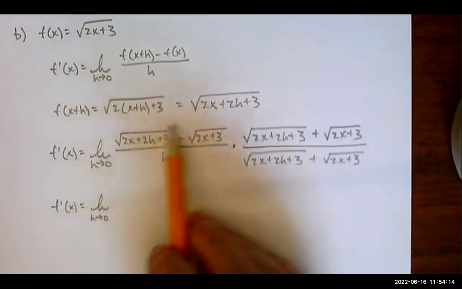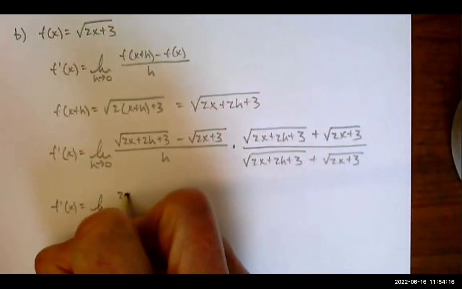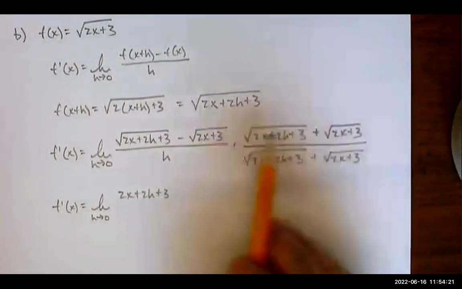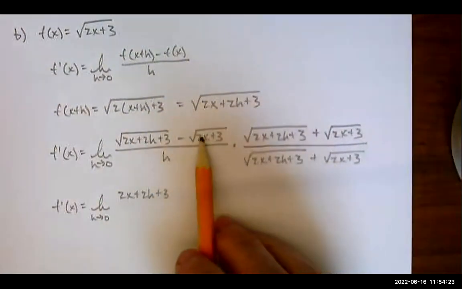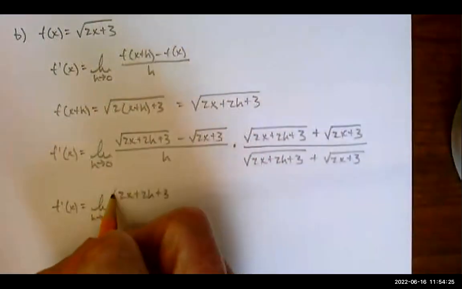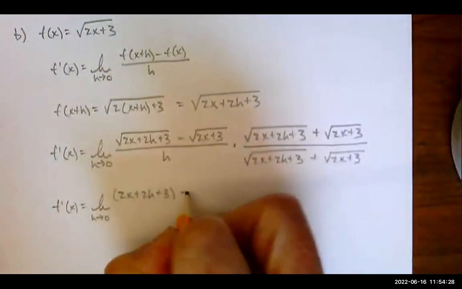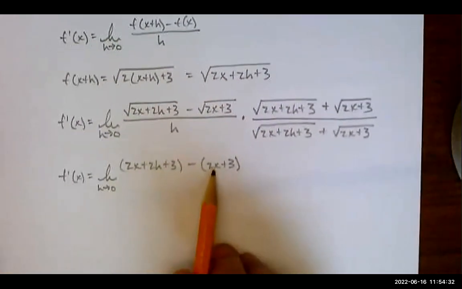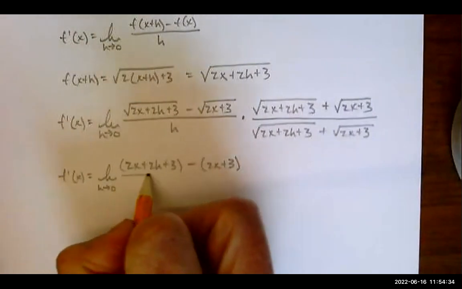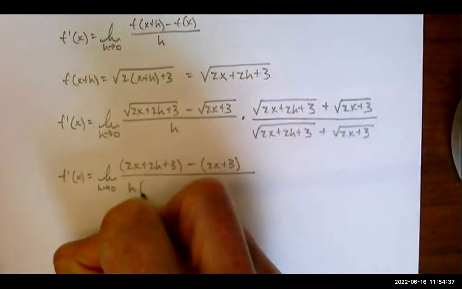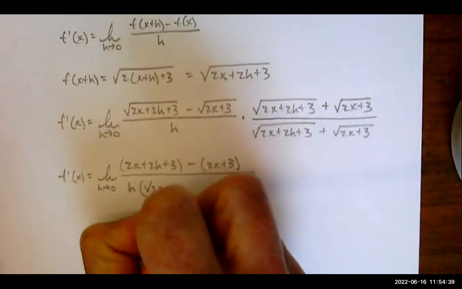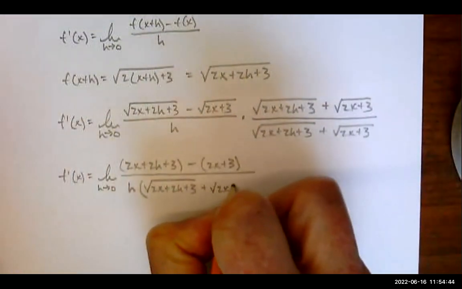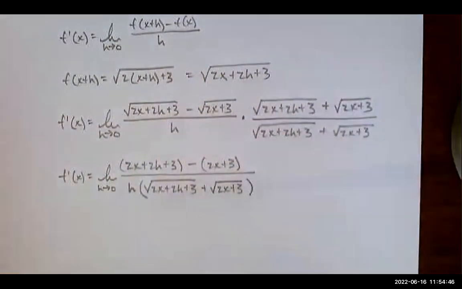Let's see if we FOIL this. This times this is simply 2x plus 2h plus 3. The outside and the inside are going to cancel out, and then we'll have this times that. Be careful here: when those multiply, it's negative, but that negative needs to distribute to the 2x and the 3. And over, this we're going to leave factored, like so.